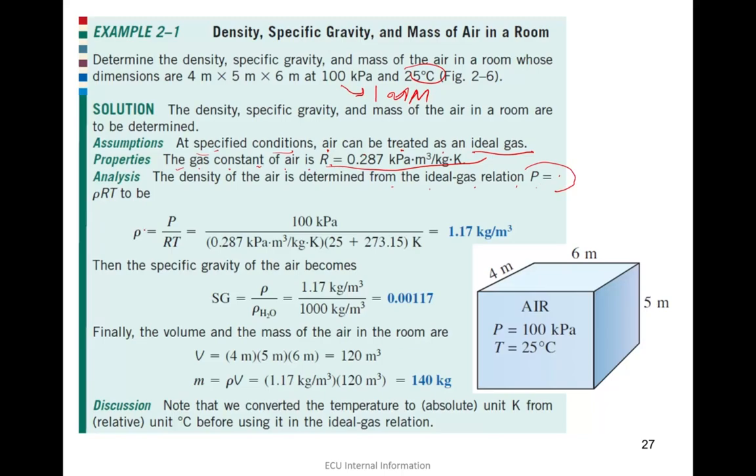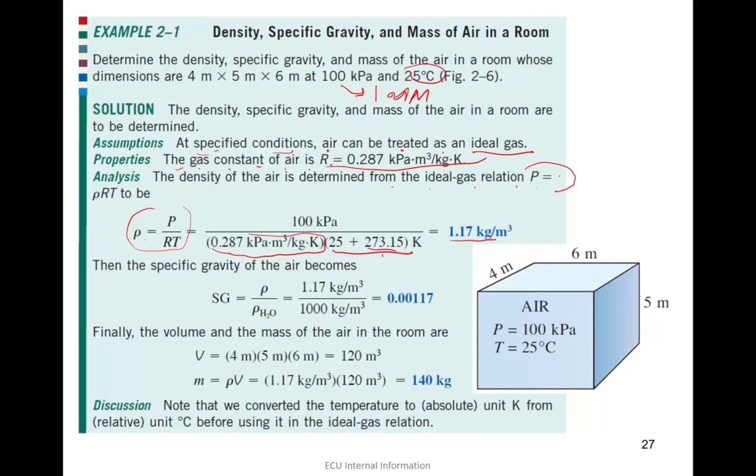From here we can rearrange this equation to rho is P divided by RT, where R is the gas constant and temperature is given in degrees Celsius. Remember, we need to convert it to Kelvin, and then the density would be this much.